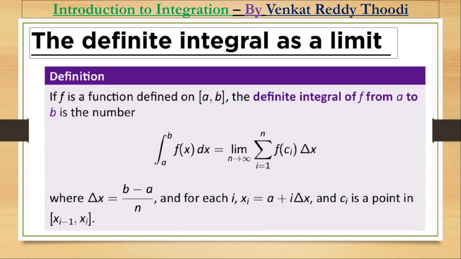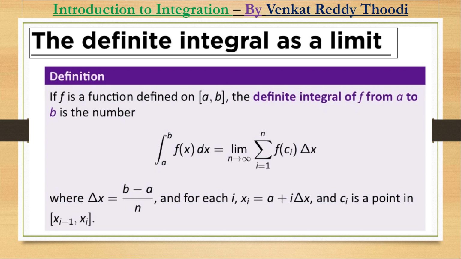As n reaches infinity, meaning the number of parts is increased, automatically the space decreases. That is why, students, you see here that delta x is nothing but upper limit minus lower limit by n.